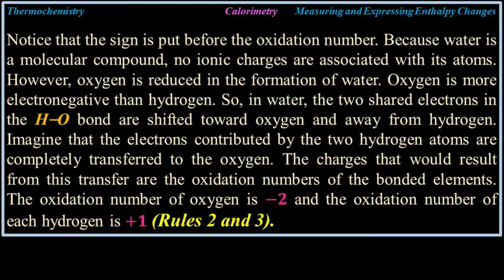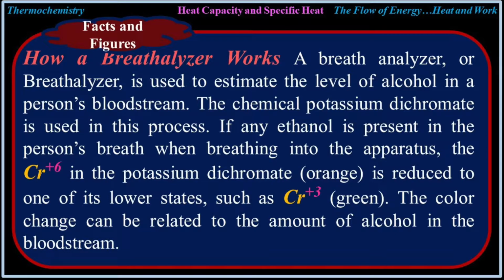The charges that would result from this transfer are the oxidation numbers of the bonded elements. The oxidation number of the oxygen is -2, and the oxidation number of the hydrogen is +1. That refers back to rules 2 and 3. You could say hydrogen and hydroxide, but in this case, you have to follow rules 2 and 3.